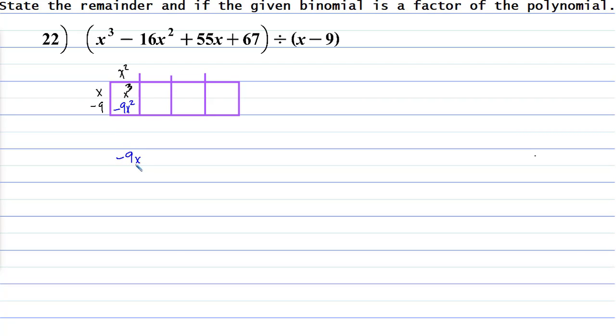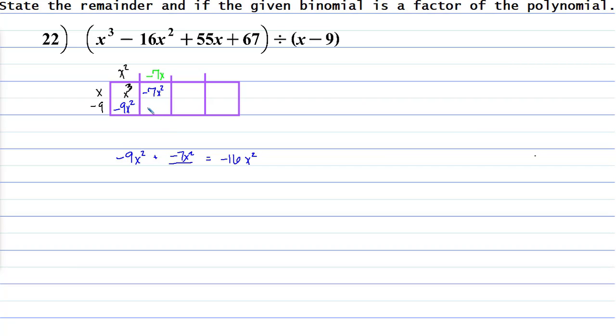So negative 9x squared plus something equals negative 16x squared. And so what I need to add in there is a negative 7x squared. Now I'm going to divide to go up.